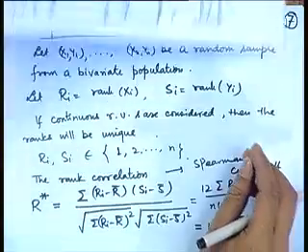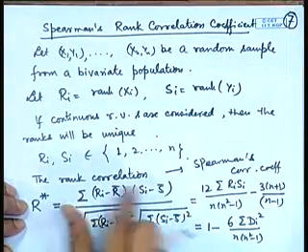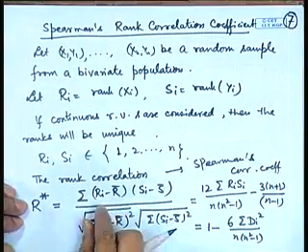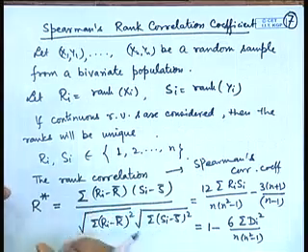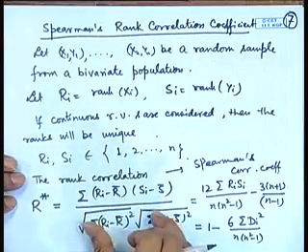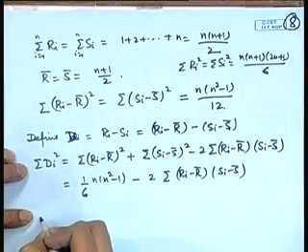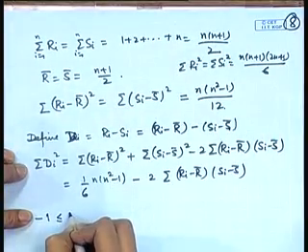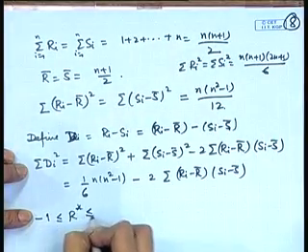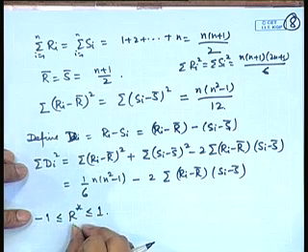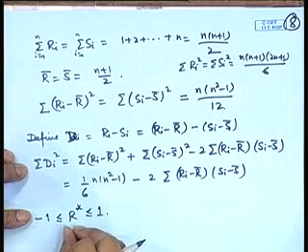Since this formula for the rank correlation is calculated from the Karl-Pearson correlation coefficient, the properties which the correlation coefficient satisfies are also true here. That means we will have in general minus 1 less than or equal to R star less than or equal to 1, and this will again be considered as a measure of linear relationship, but this is the relationship between the ranks.